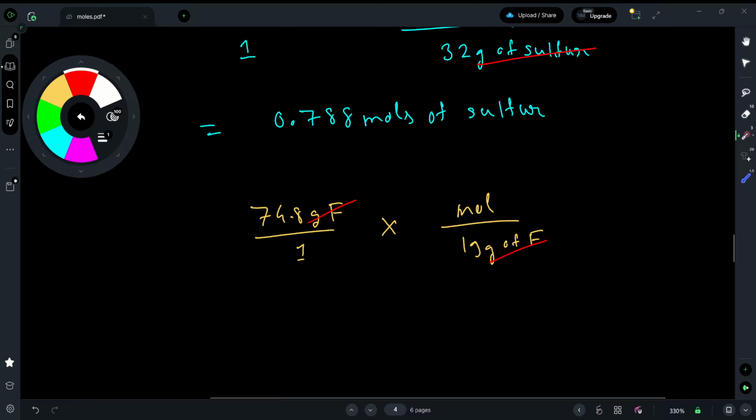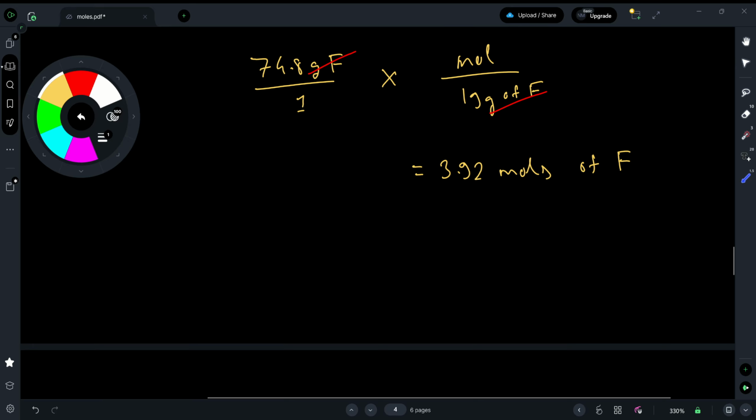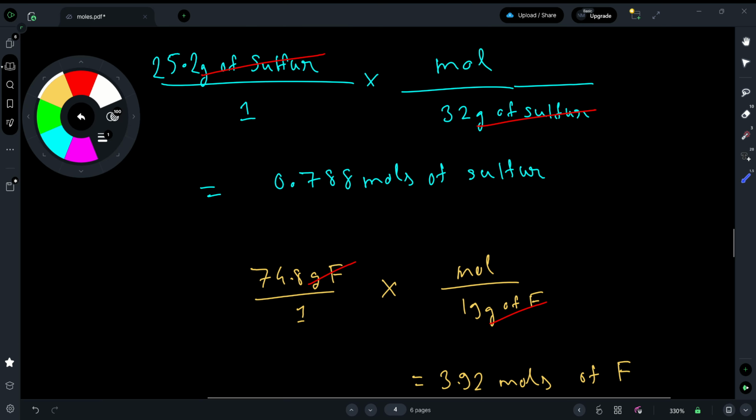For three significant figures, that's 3.92. So we have 3.92 moles of fluorine. Okay, so that's quite a bit.